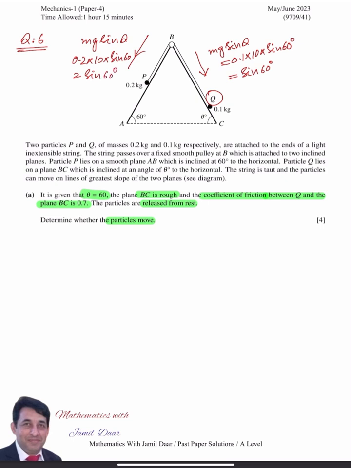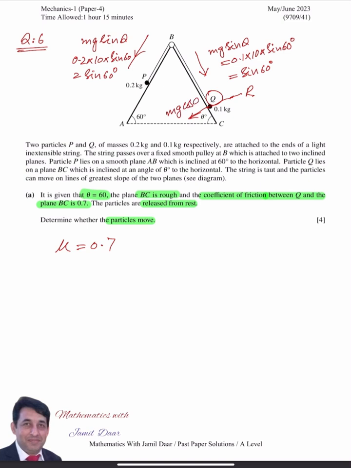Right? And this surface is rough and the coefficient of friction is given, mu is equal to 0.7. So what would be the R? R would be mg cos of theta.